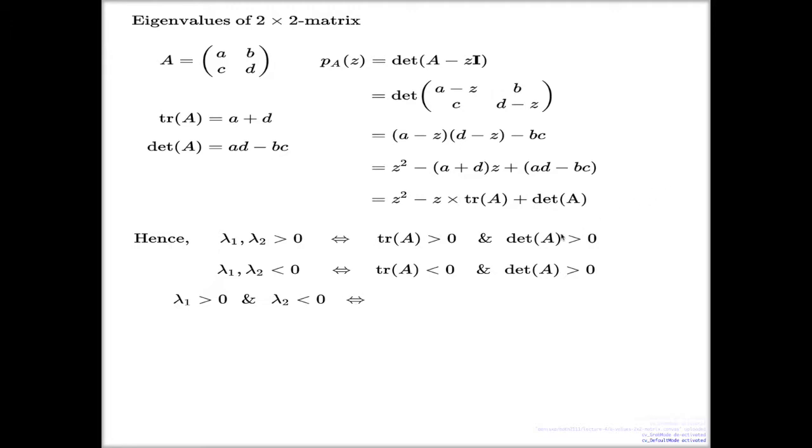Determinant is negative, thank you very much. Trace? You shrug. Well, we don't care actually. Because determinant being negative is already enough evidence that the eigenvalues are of opposite sign, no matter what happens with trace. Just this one alone, in our current context, is enough evidence for a saddle point.